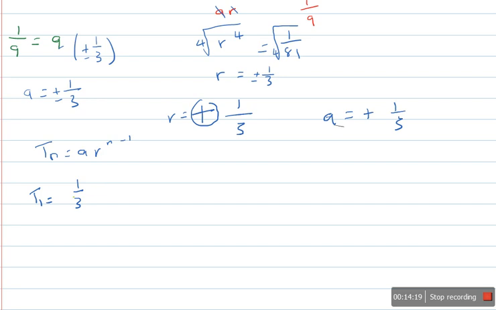So T1 is that, T2 is A, 1 over 3 multiplied by R, which is positive, 1 over 3 to the power of n, which is 2 minus 1, because we are talking about the second term, and then the answer that comes out when you punch it will be 1 over 9. And T3 you do the same thing, just that you change n to 3, for the third term. So the answer is going to be 1 over 27.